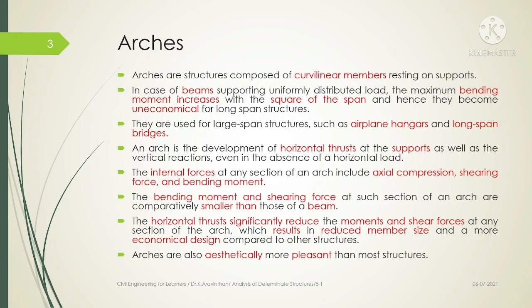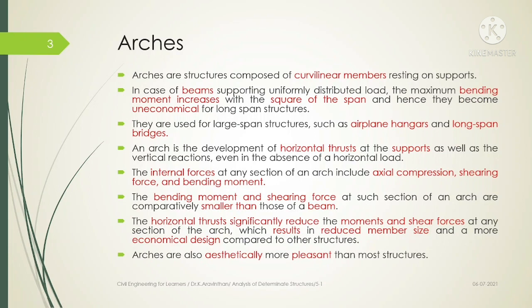Before going to the further types, let us know certain basic things about arches, and let us start the continuation of types of arch. This is a structure which is composed of curvilinear members. Your beam will be a horizontal member and a column will be a vertical member. Before this module, you have dealt with two types of structure, that is frames and trusses. In a frame, you will have beams which are horizontal and columns which are vertical.